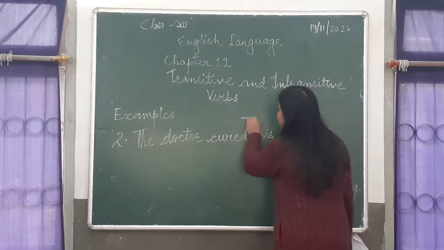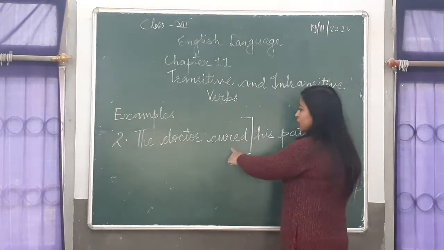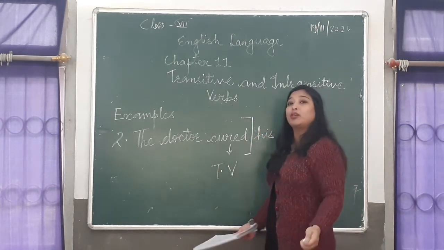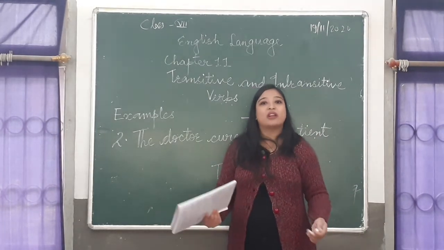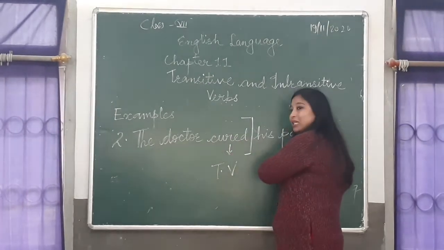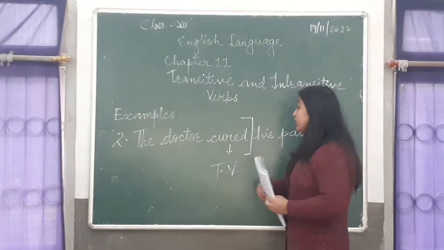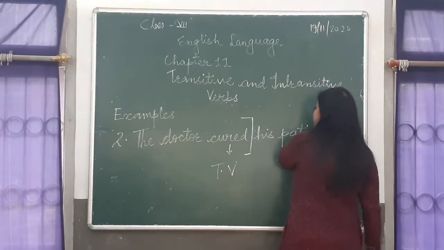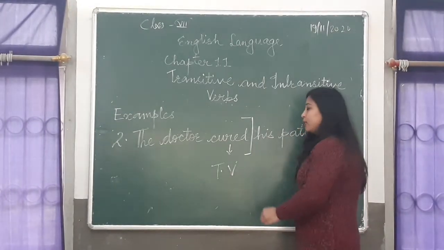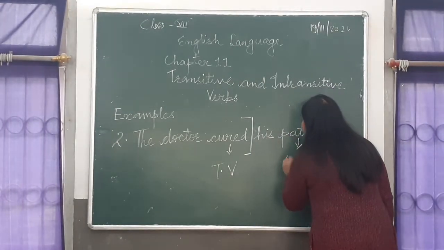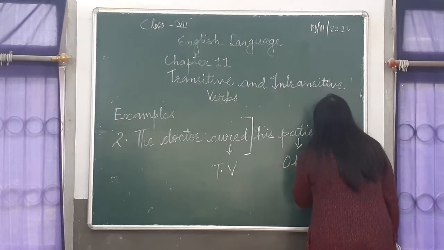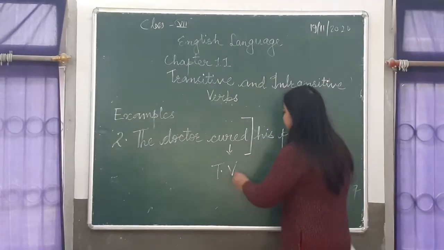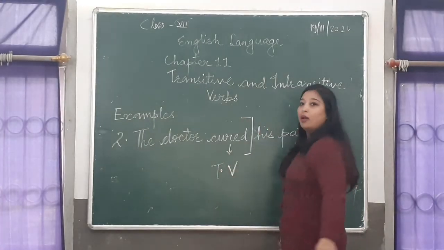If you see only this part of the sentence, till the transitive verb, you will not understand the meaning of the sentence. The doctor cured what? The question arises, what? He cured his patient. It needs an object to understand the meaning of the entire sentence. So this one is the transitive verb and this one is the object over here.